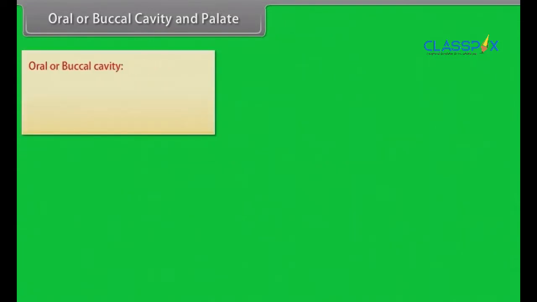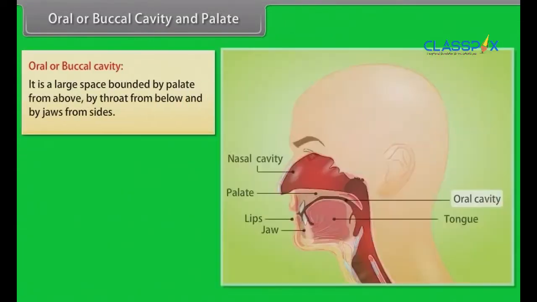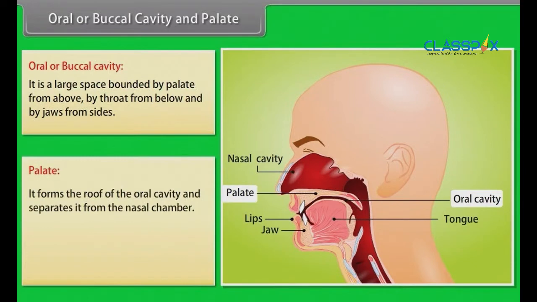Oral or buccal cavity. It is a large space bounded by the palate from above, by the throat from below, and by jaws from the sides. Palate. It forms the roof of the oral cavity and separates it from the nasal chamber. It is divided into two parts, hard palate and soft palate.